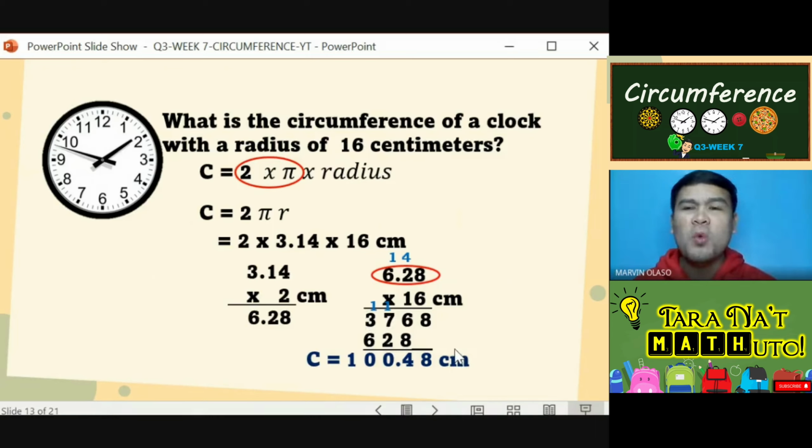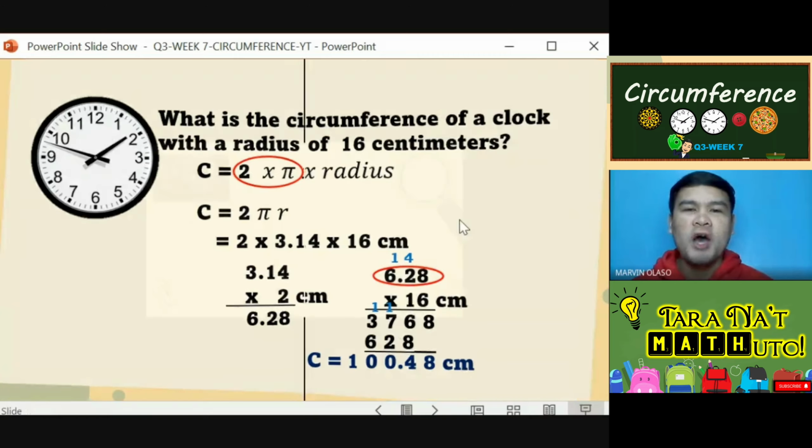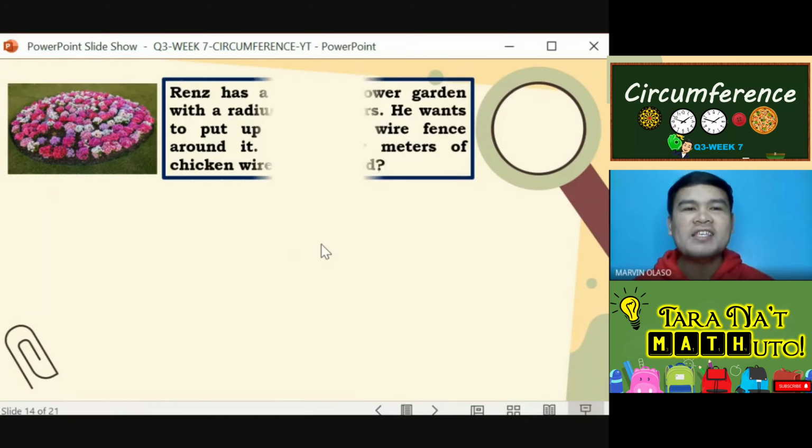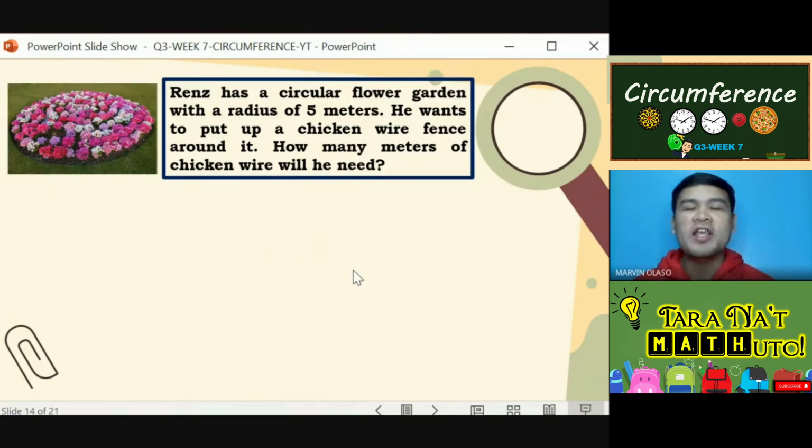And now, what are the implications of getting the circumference? Well, let's apply it to this problem. Renz has a circular flower garden with a radius of 5 meters. He wants to put up a chicken wire fence around it. How many meters of chicken wire will he need? That is our question.